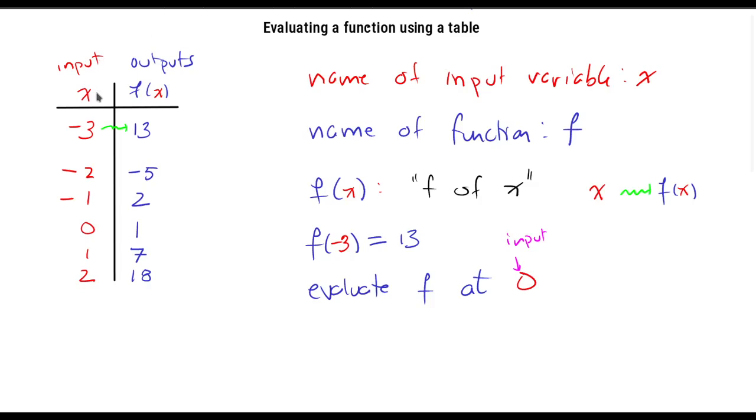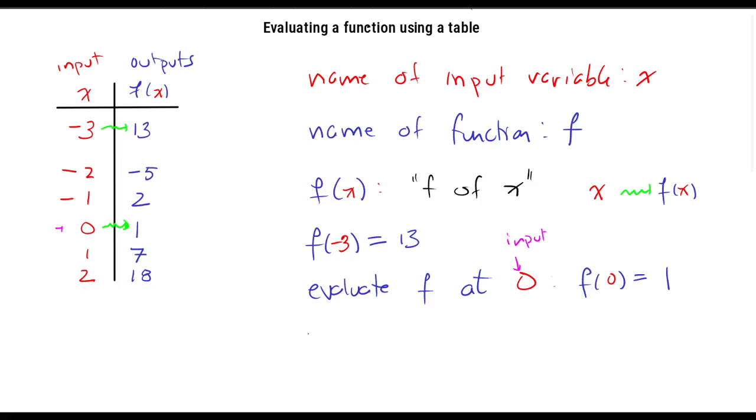So we go to our input column, the x column, we go down a ways, we see this 0 here. All right, and then we just see what that row tells us. So this row is telling us that f transforms 0 into 1. So we have f of 0 equals 1. Input 0, output is 1.